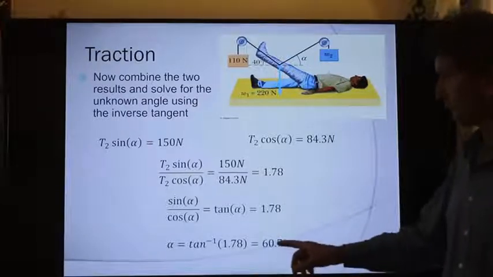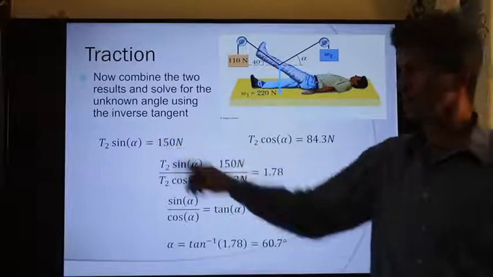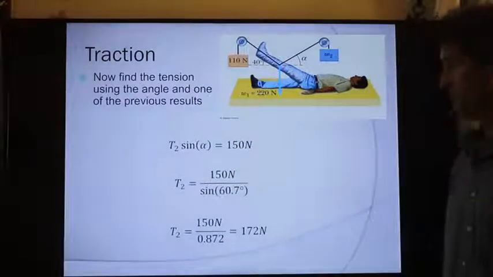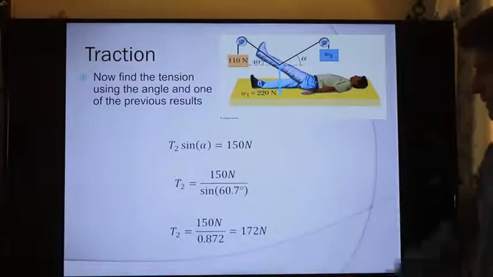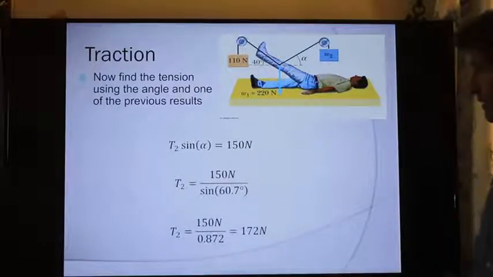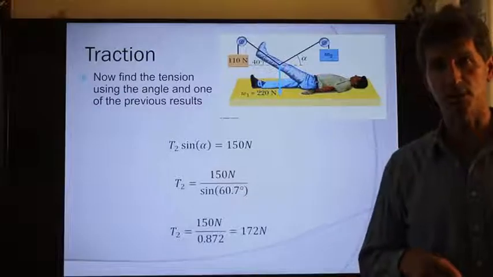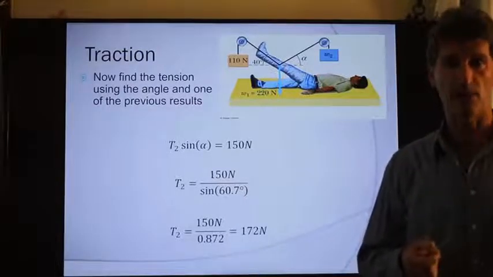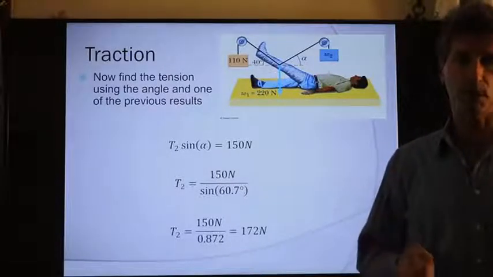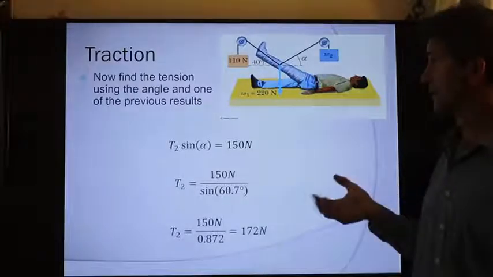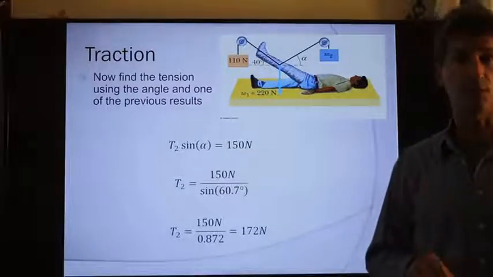Once I know alpha, I can plug this either in this equation or this equation and find the unknown tension. I'll do it for the sine. I find it's 172. So this was more of a challenge. You actually had to use inverse trig functions to go back and find the angle. But in most of these problems, instead of finding an unknown angle, you're looking for two unknown forces.